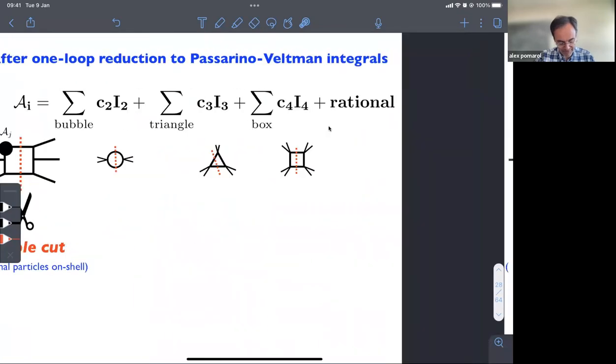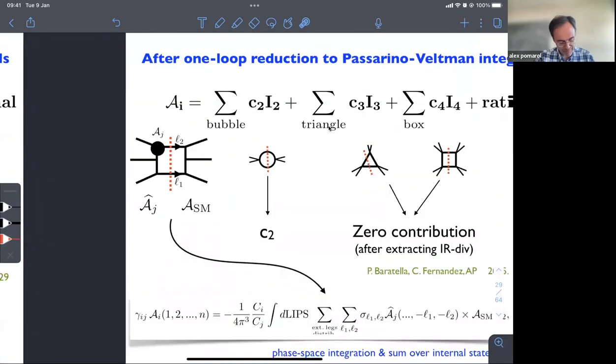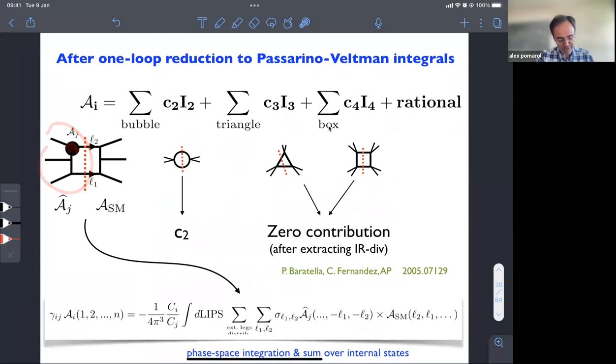So when I go to my formula, I have two types of amplitude. One will involve this extra 1 over lambda squared; this is what I wrote here with the hat. The rest will be just a standard model amplitude, which should not contain any of this 1 over lambda squared. So this is a product of something involving 1 over lambda squared times some amplitude of the standard model, and I have to integrate over the phase space. This dLIPS means Lorentz invariant phase space integration.